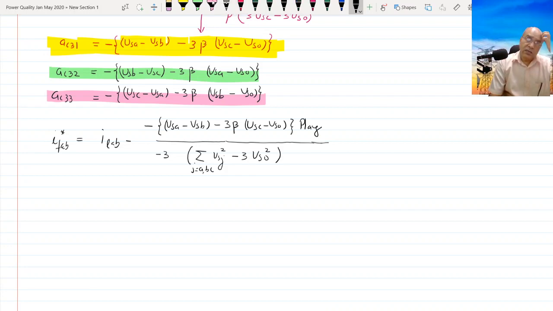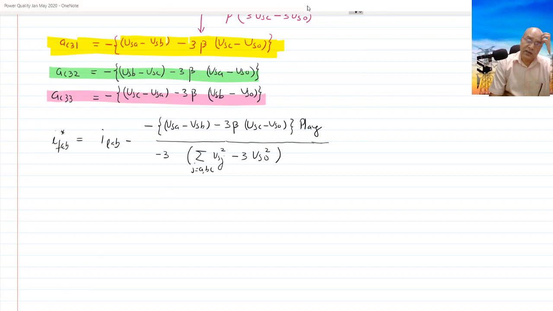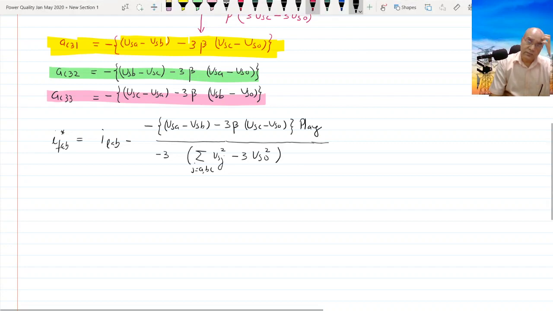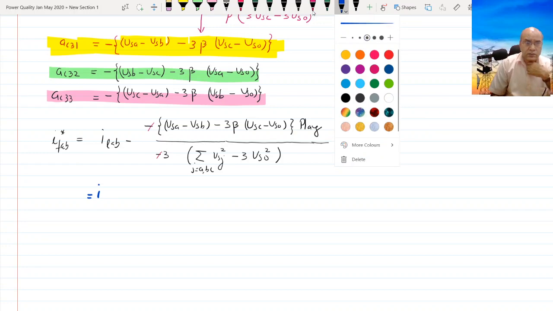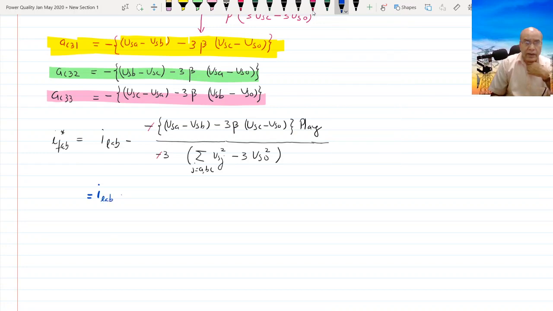Then you will see that negative sign goes with this negative sign, and 3, if you want, you can put it here or you can leave it. It's up to you. So if we leave 3 as such, it becomes simply ILAB minus VSAB.